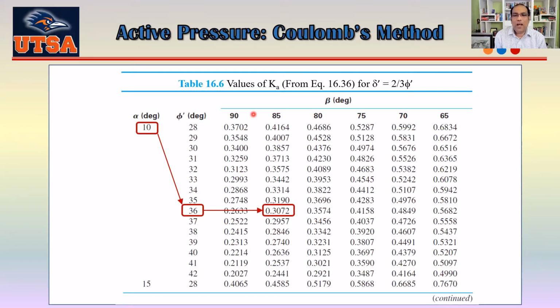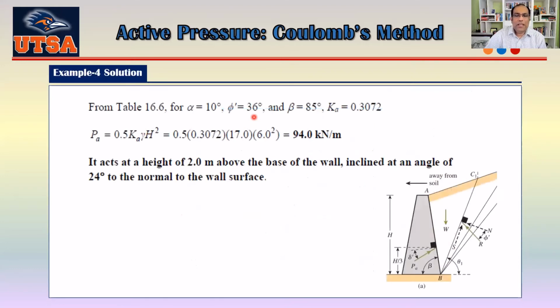If you just plug in all those values of alpha, phi, beta, and delta, then you will be able to find out your Ka from there. That's your Ka, 0.3072. If you use that in that equation, you get 94 kilonewton per meter length of the wall. In this direction, this is 1 meter.